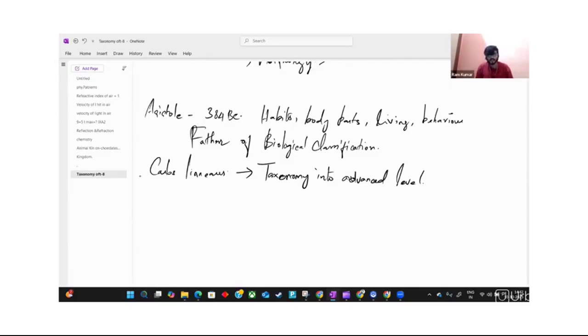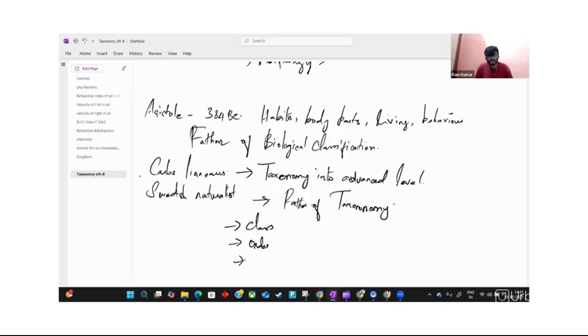That's why we call him the father of taxonomy. He divided the organisms into class, order, genus, and species.